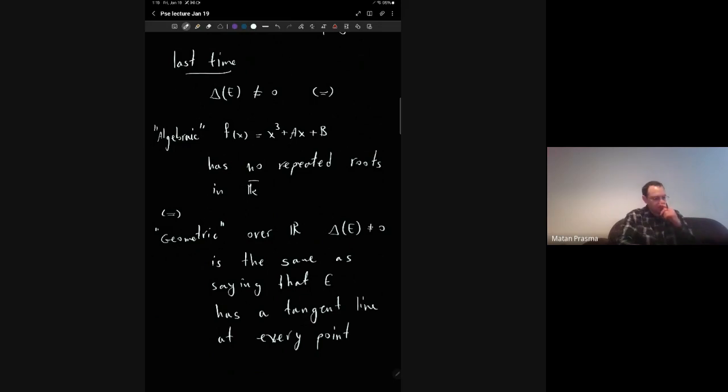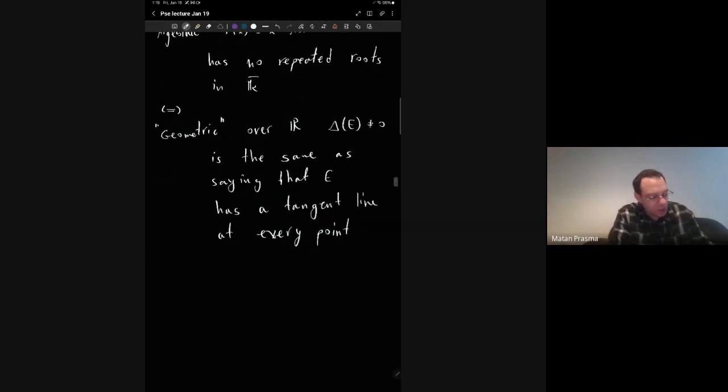And this is usually called, in real valued function analysis, smoothness.